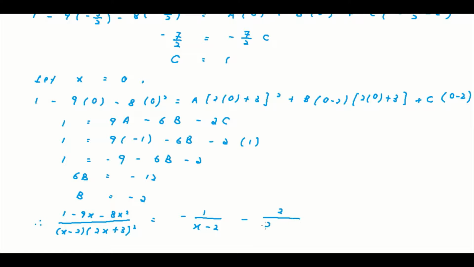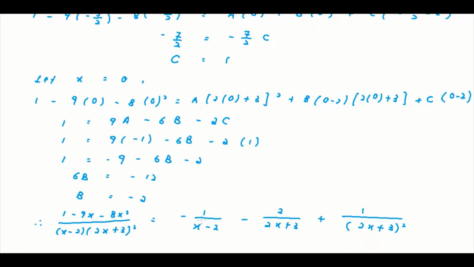So negative 2 over 2x plus 3. Your C is 1, so plus 1 over (2x plus 3) to the power of 2. Okay, so same thing, you can try to solve this again to check whether you get your given equation or not. Another easy thing to do is, for example, you can combine them together, right?